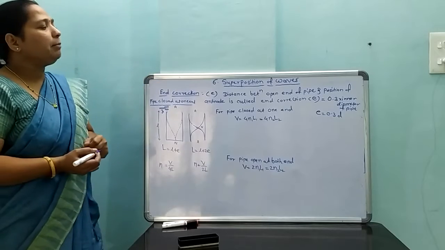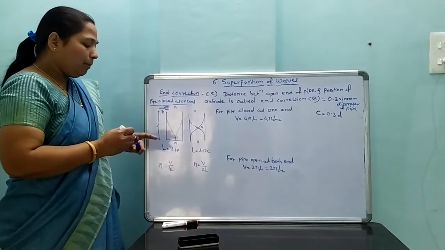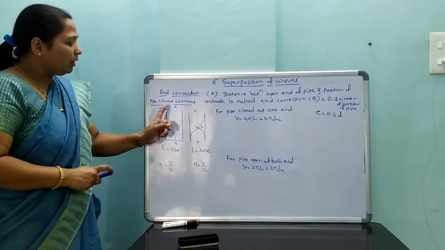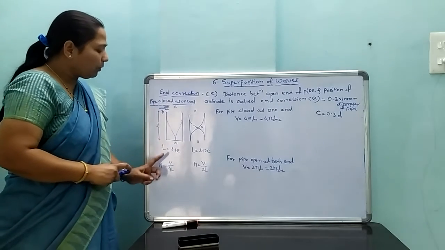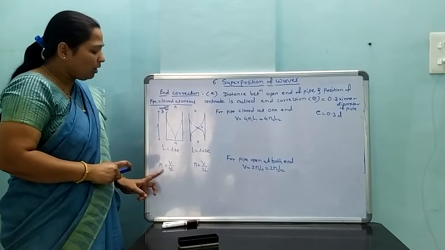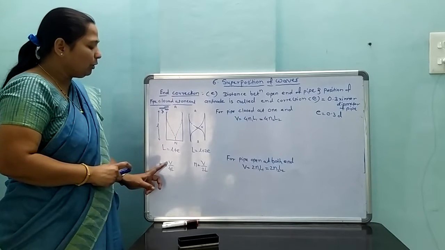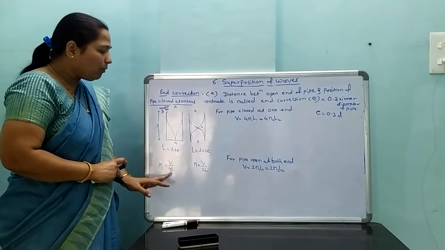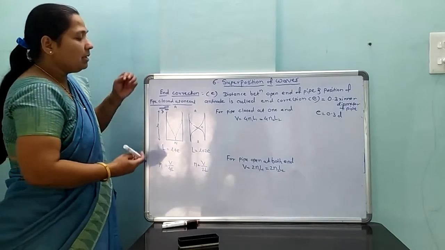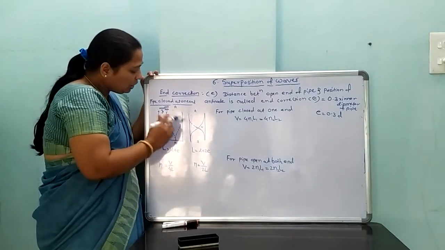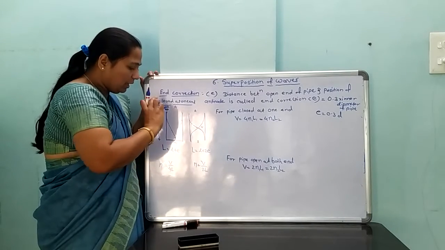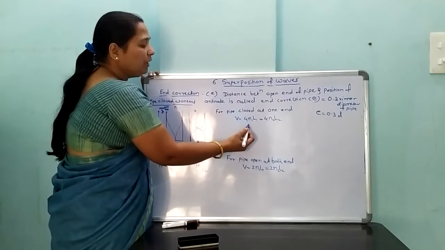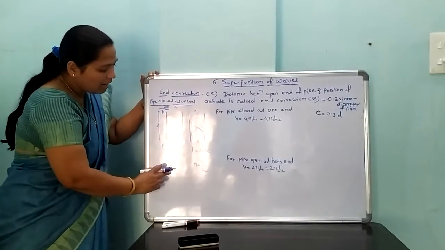That corrected length can be calculated. For a pipe closed at one end, the frequency of the tuning fork can be calculated using the formula for fundamental frequency, N is equal to V upon 4L. Where the velocity is the same, V is equal to 4NL.